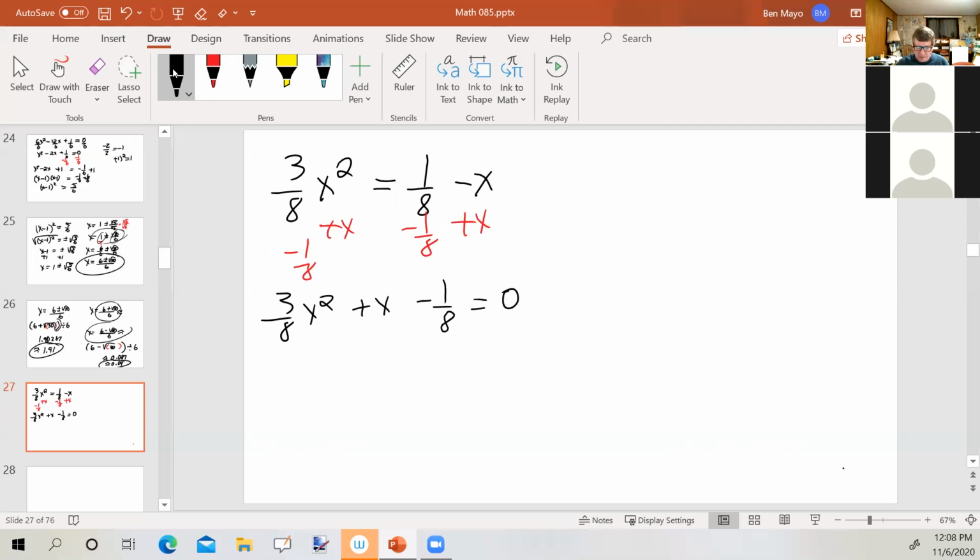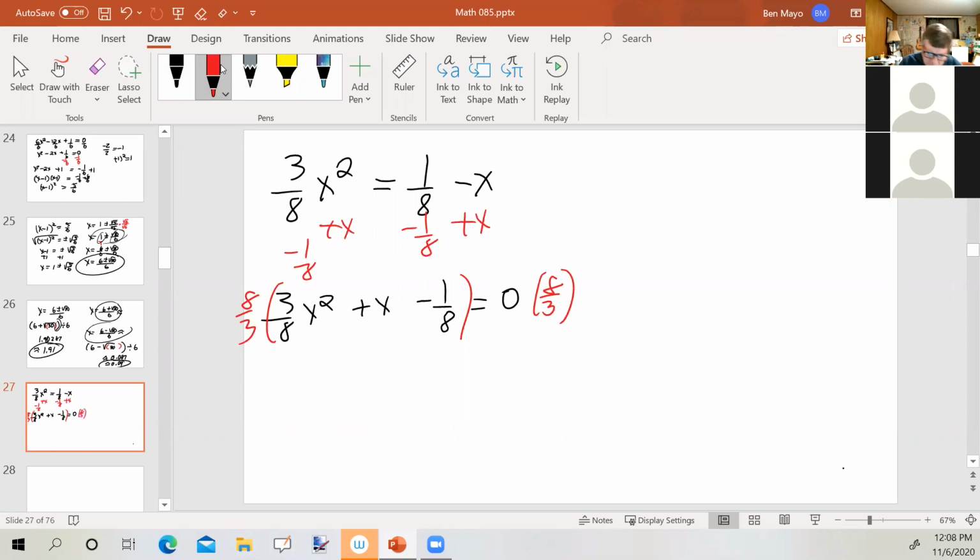Okay. Now I need my leading coefficient, which is currently 3/8, to be 1. I could divide each term by 3/8, but dividing by 3/8 is the same thing as multiplying by what? 8/3. Correct.